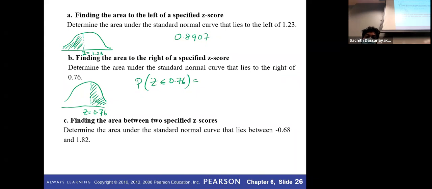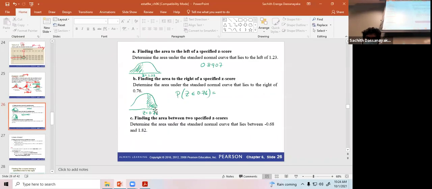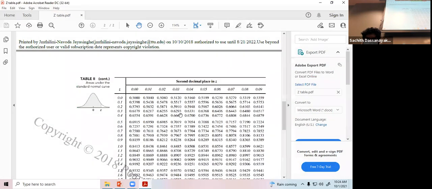So let's find this 0.76. I need positive 0.76.